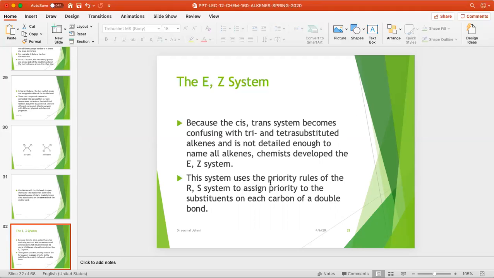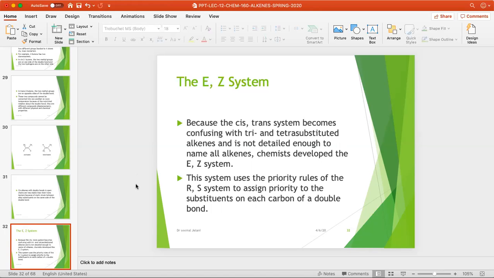Now this system uses the priority rules of R and S. जब आप stereochemistry में जाते हैं, तो वहाँ पर हम RS system को use करते हैं to assign the priority to the substituents on each carbon of a double bond. So it depends on the atomic numbers, okay?